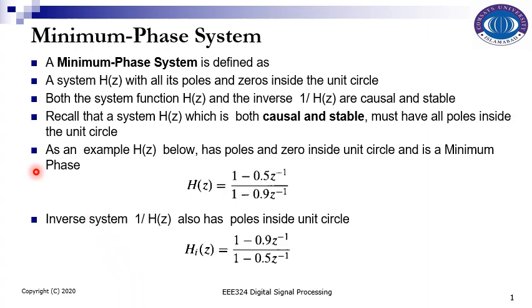However, the definition for a minimum phase system, which we will remember, is that all its poles and zeros lie inside the unit circle.